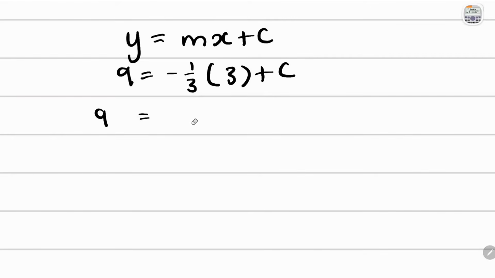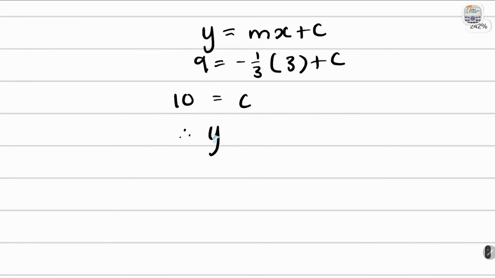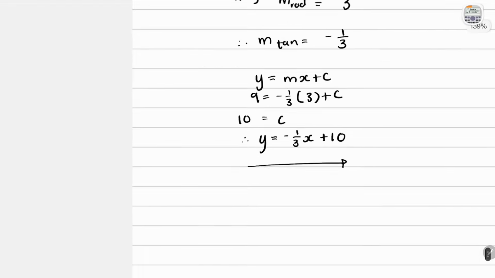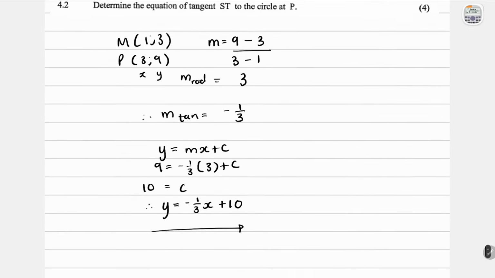But if you take it over, it becomes a +1, which gives you 10 is equal to c. Okay, so that means your equation is y is equal to -1 over 3 x, and your y-intercept is +10. So that is the equation of that line, the tangent.